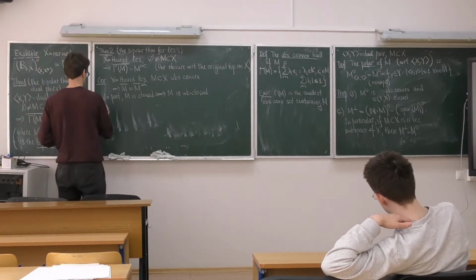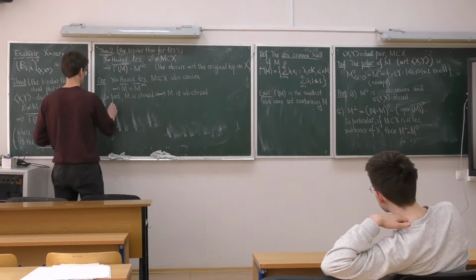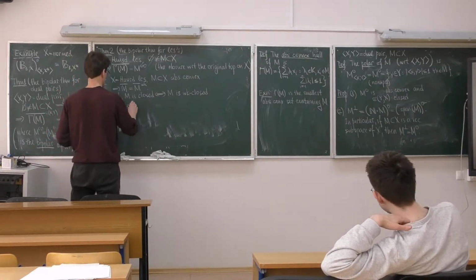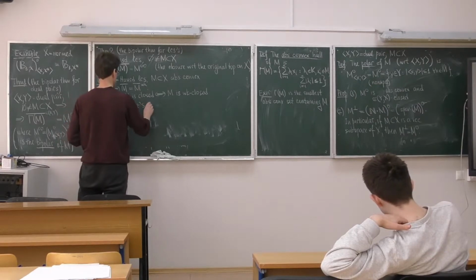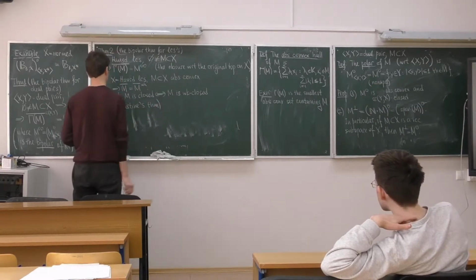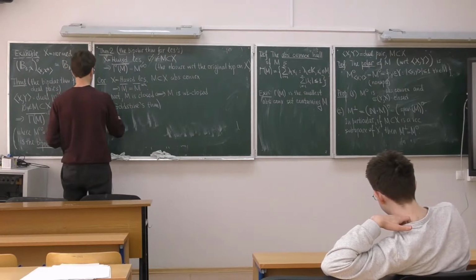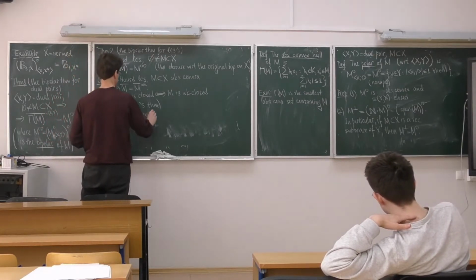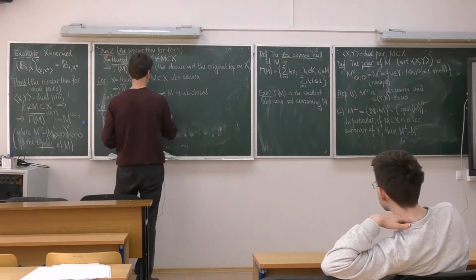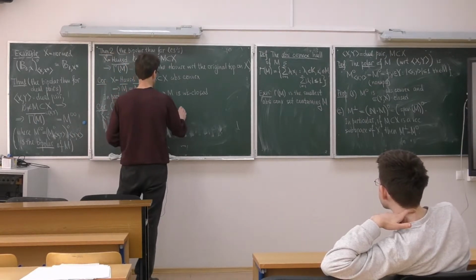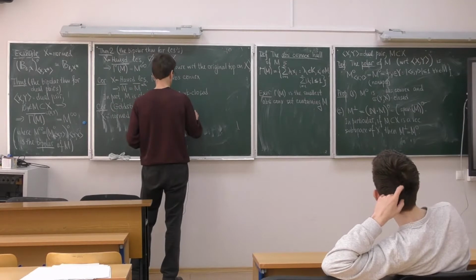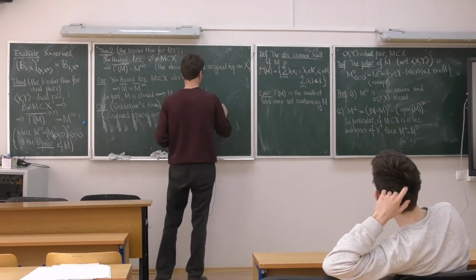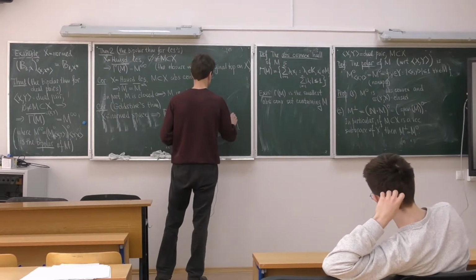Another useful corollary is the so-called Goldstein's theorem. If X is a normed space, then the closed unit ball of X is weakly star dense in the closed unit ball of the bidual.